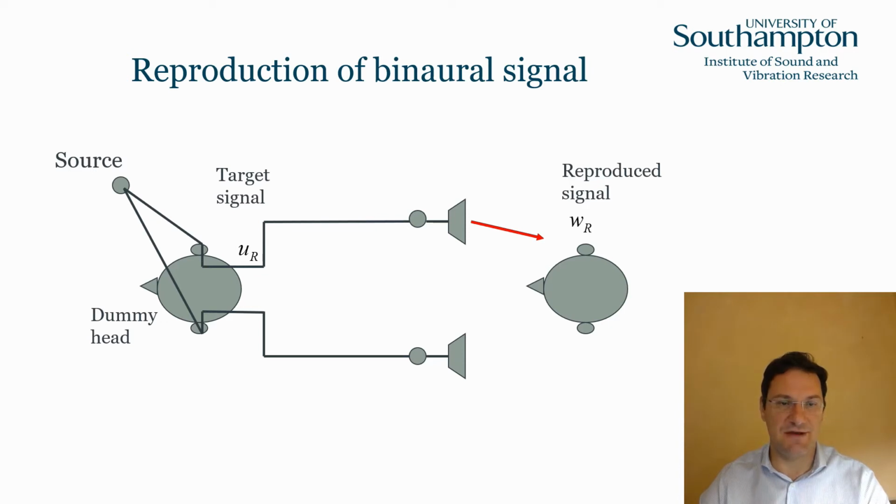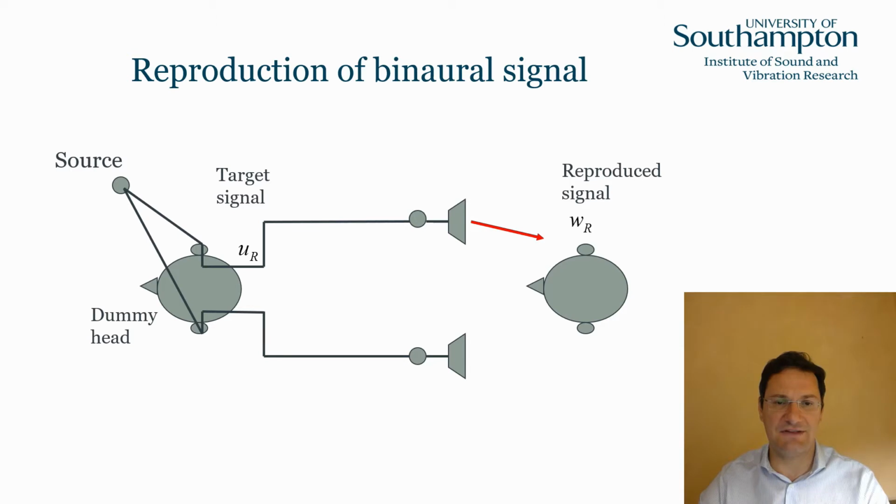So let's assume we have a sound source somewhere in space, and that we record the signals at the right and left ear of an imaginary listener using a binaural mannequin, a dummy head, let's call it, and we obtain the binaural signal, let's call it U. UR is the signal corresponding to the right ear.